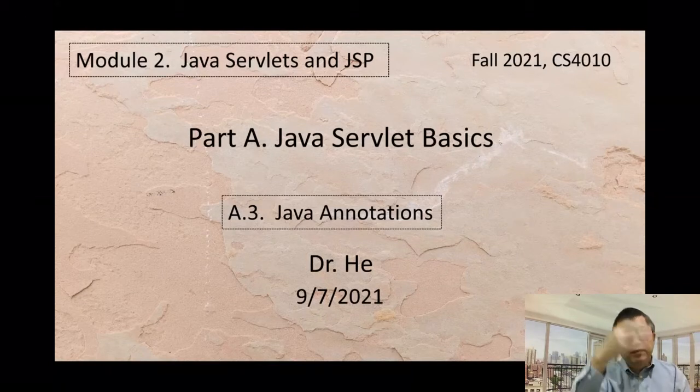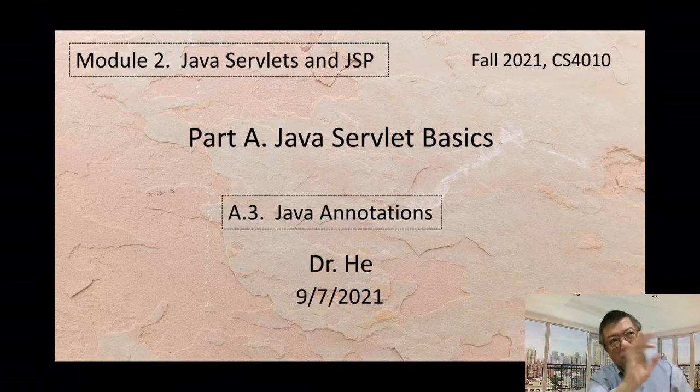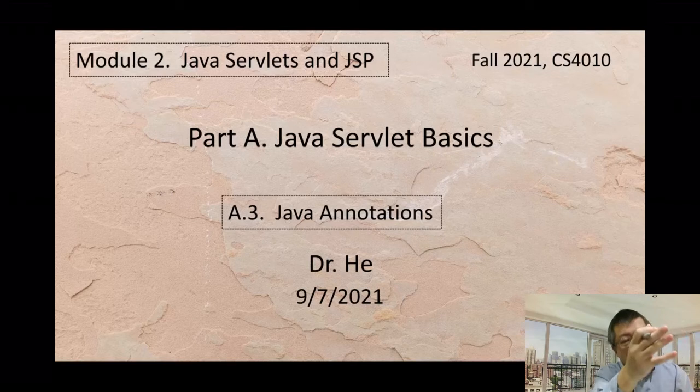After some time, people realized, oh, if we can do things like this with annotation, we can put a lot of useful information together with our Java class files, then it will be very convenient.